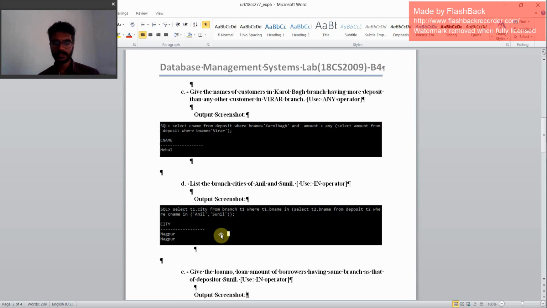Here you select the branch name, taking the branch as T1, where T1.B name is in the branch names selected from deposit T2 for customers Anil and Sunil. The branch cities of both of them are Nagpur.